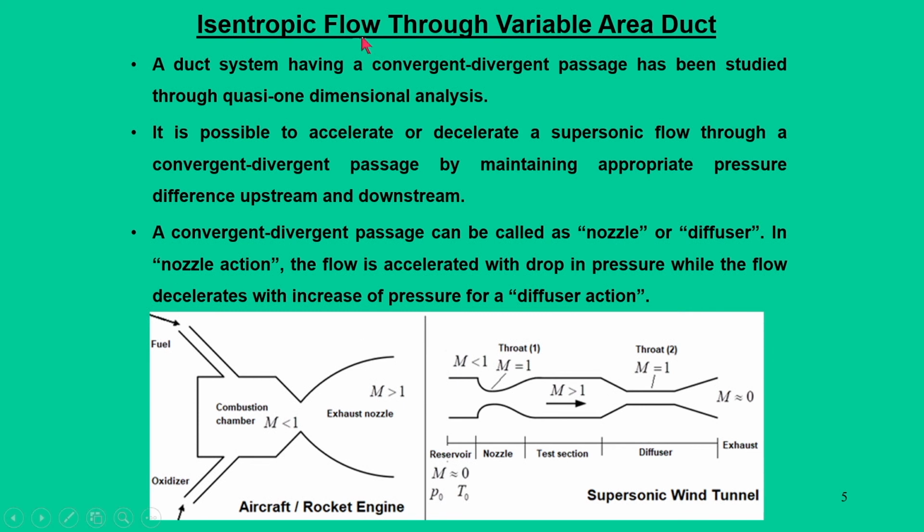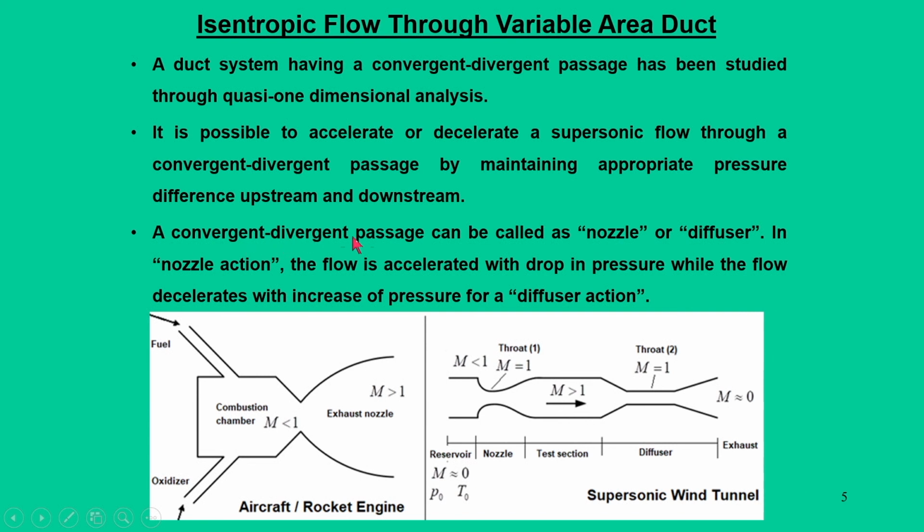So, let me start with the very basic things when you deal with isentropic flow in a variable area duct, which we typically call a convergent divergent passage, and these things we have studied through the quasi one dimensional approach. There we found that it is possible to accelerate or decelerate a supersonic flow through a convergent divergent passage by maintaining an appropriate pressure difference upstream and downstream.